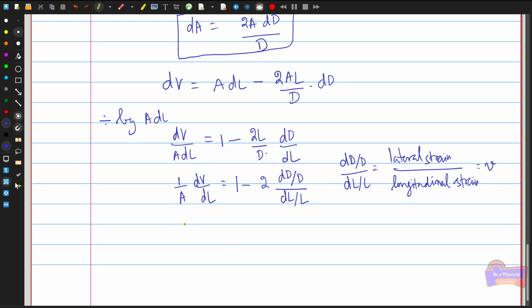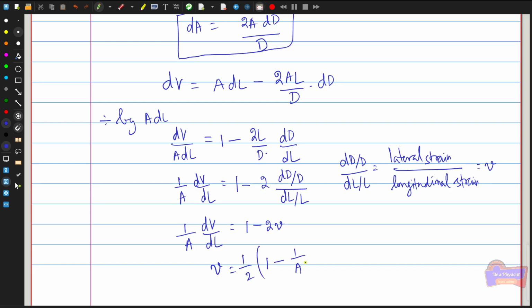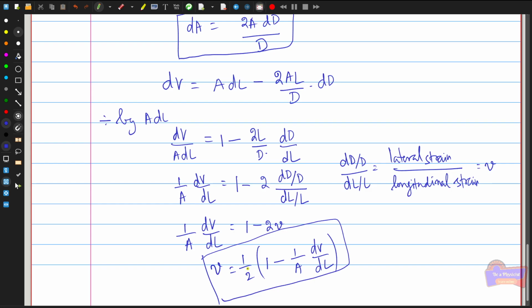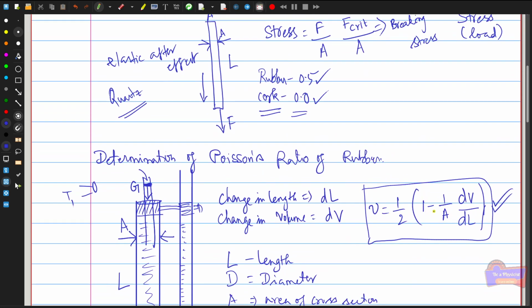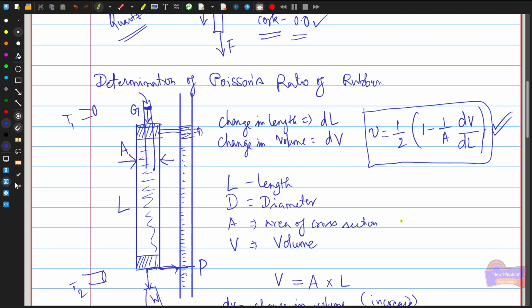So I can write 1 by A dV by dl equal to 1 minus 2 times V, or I can find V from this equation: V is equal to 1 by 2 times (1 minus 1 by A dV by dl). Okay, so this is the final formula.